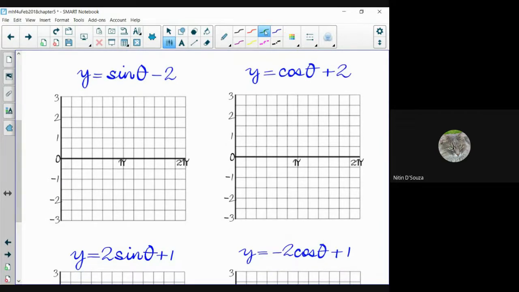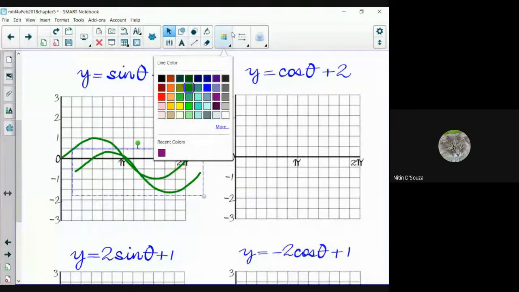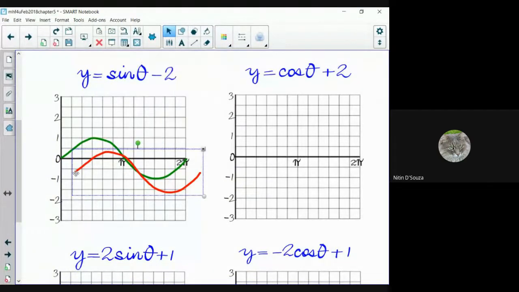Well, my sine theta graph will look like this. Sine theta minus 2 will look like this. It's just the whole curve moved down 2.